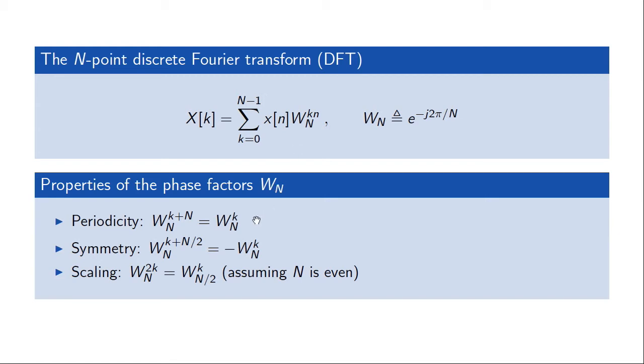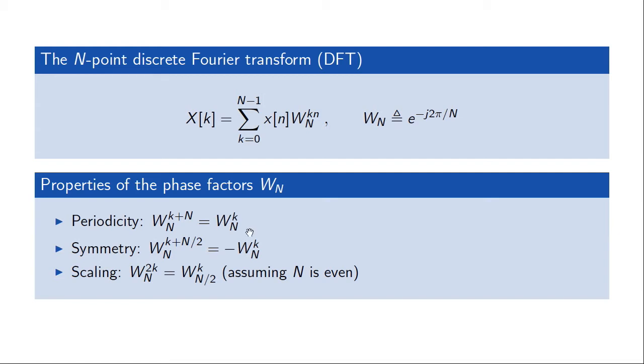One of them that we have seen before is the property of periodicity. W of N will, in terms of its power, be periodic with a period of N. So if we add capital N to the power of W of N, that's equivalent to not adding anything at all. This is what we saw before, and which implied the periodicity of the DFT in the first place.